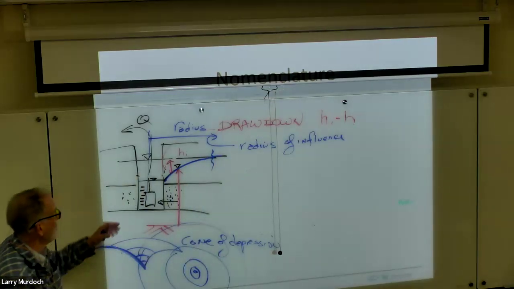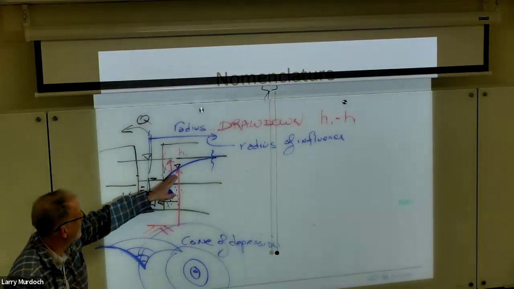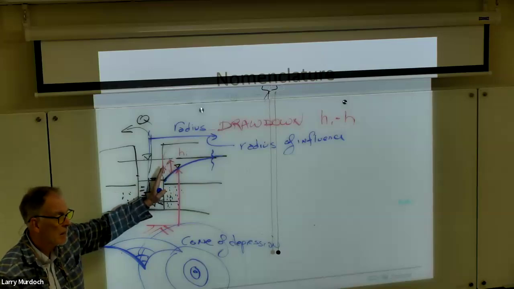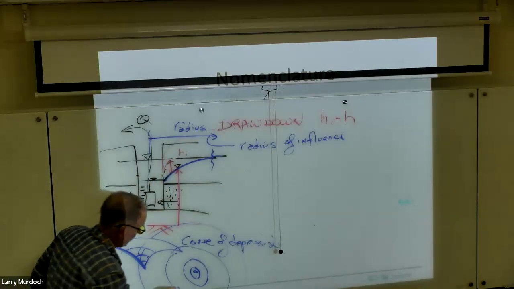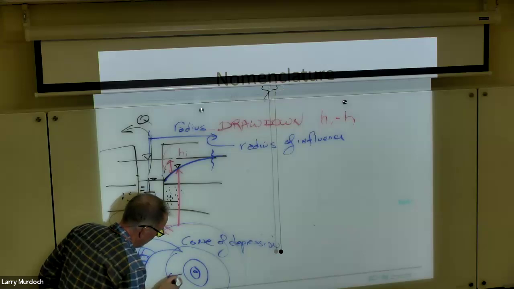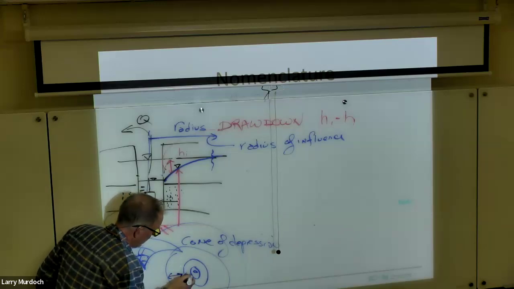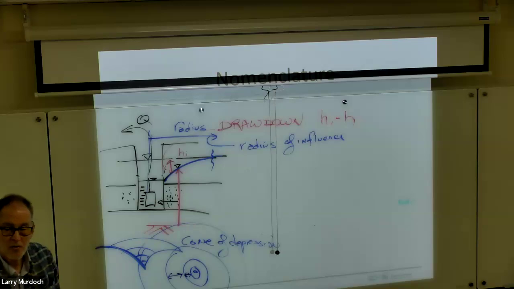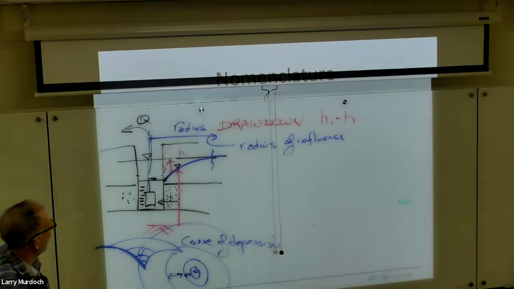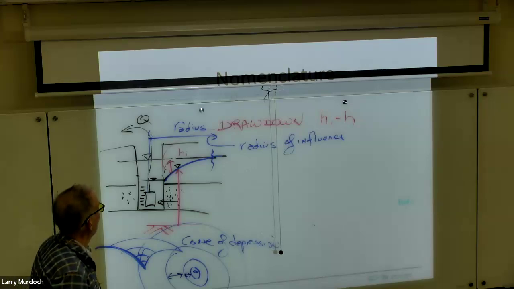Okay, so the gradient is steepening. And that means that the spacing between the contours has to be getting smaller as you approach the well in the cone of depression.